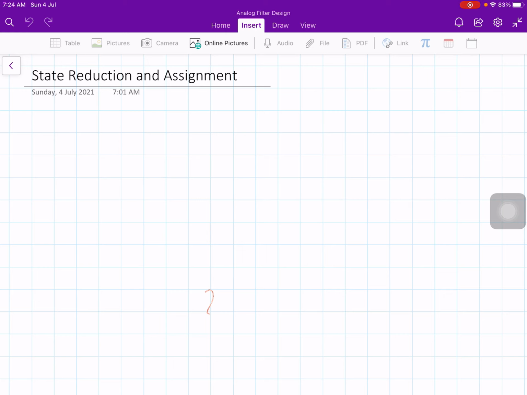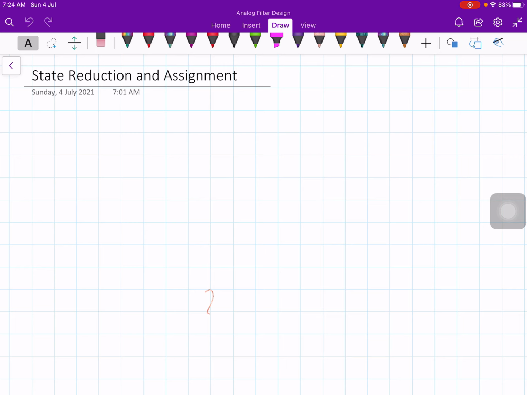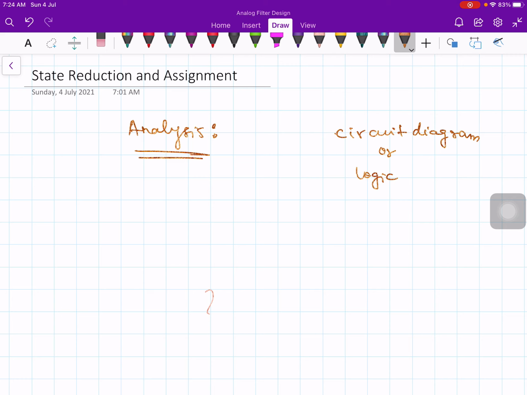Okay, so in this lecture, let us discuss the state reduction and assignment. We know that analysis of a sequential circuit starts from a circuit diagram, or you can call it a logic diagram.